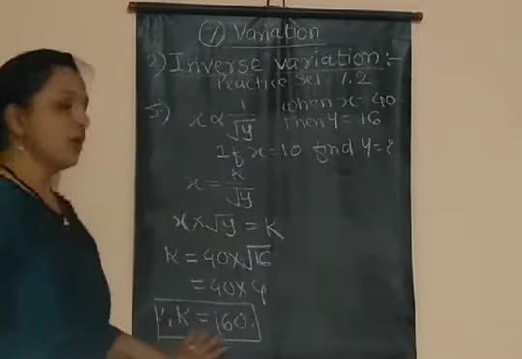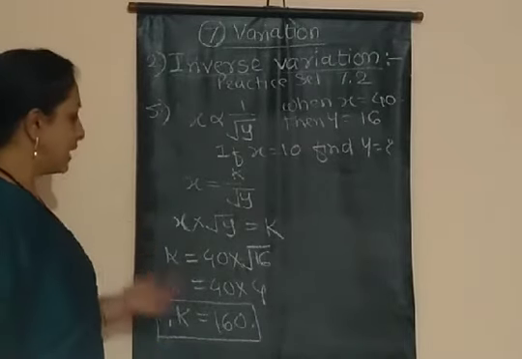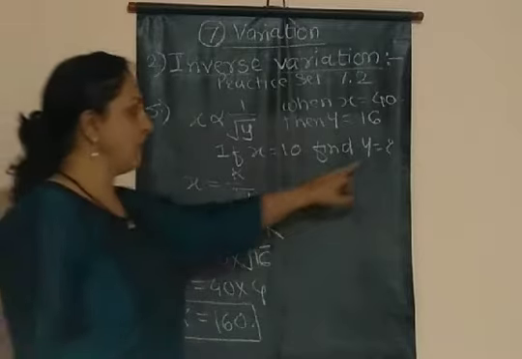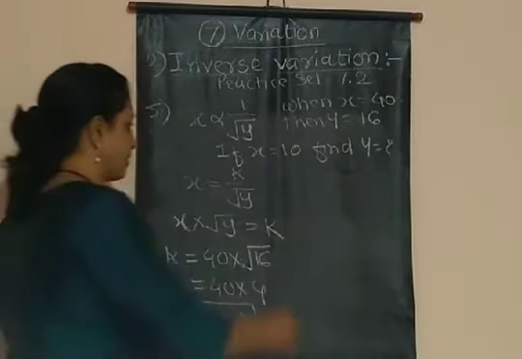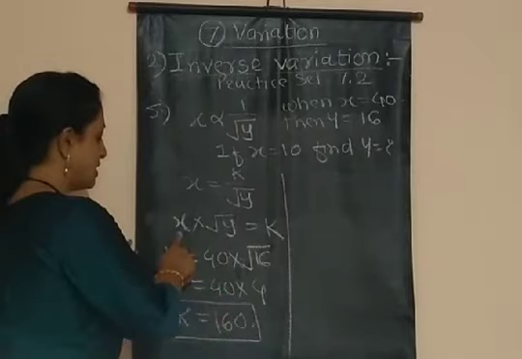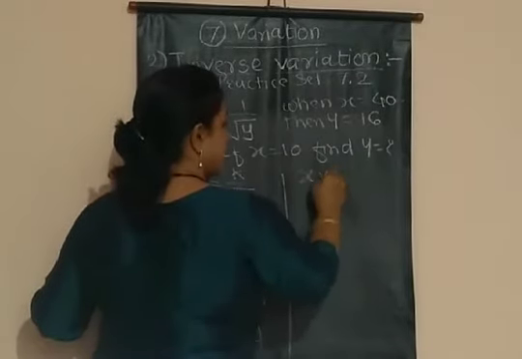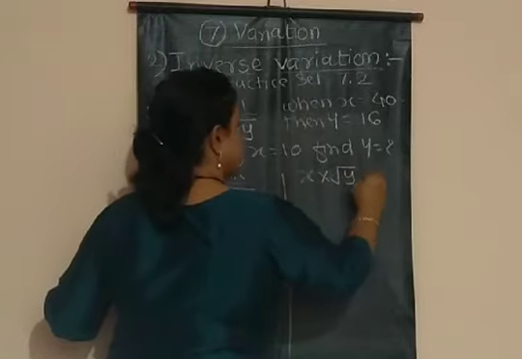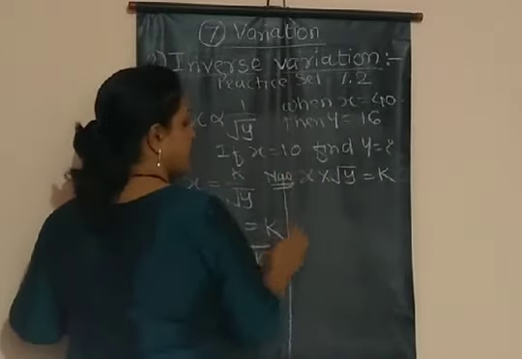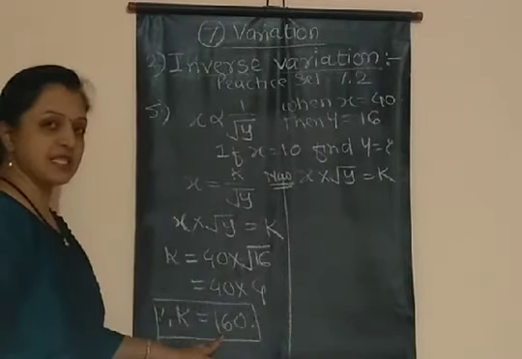So in this way, first we will find out the value of k. And then by using that value of k, you can find out the value of y from the second case. So now let us write here the equation. We have this equation x into under root y is equal to k. In that equation, we have to substitute the value of k, that is 160.